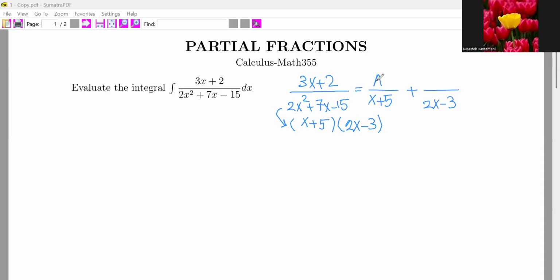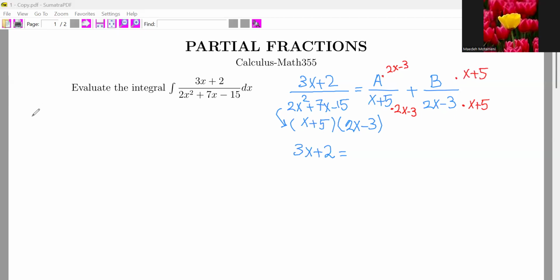And the first numerator will be A, and the second one will be B. So it will be 3x plus 2 for the left side, and for the right side, if you combine these two, you would multiply the first one, the top and bottom, with the factor that it doesn't have, 2x minus 3 here, 2x minus 3 here. Also, for the next one, you would multiply the whole thing by x plus 5 and x plus 5 here.